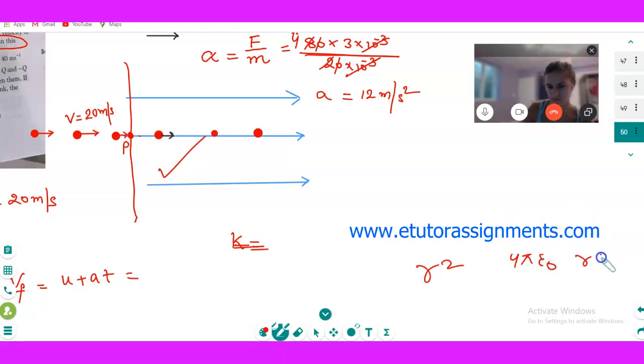Epsilon 0 is the permittivity of the medium, the permittivity of air. If you put some liquid, suppose kerosene oil, you have to multiply by epsilon R, the relative permittivity of the kerosene oil. So you are dividing by the relative permittivity of the kerosene on the bottom. That is the reason it is getting decreased. Is it clear?